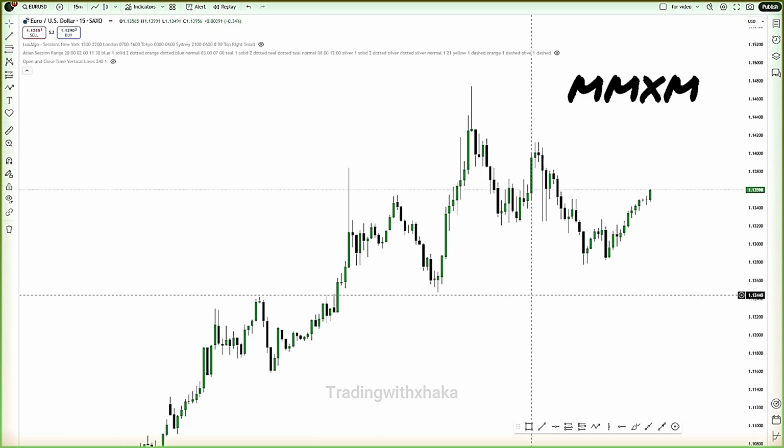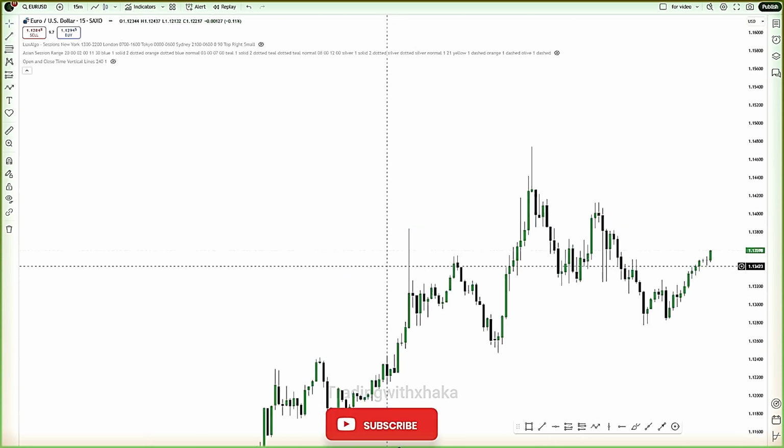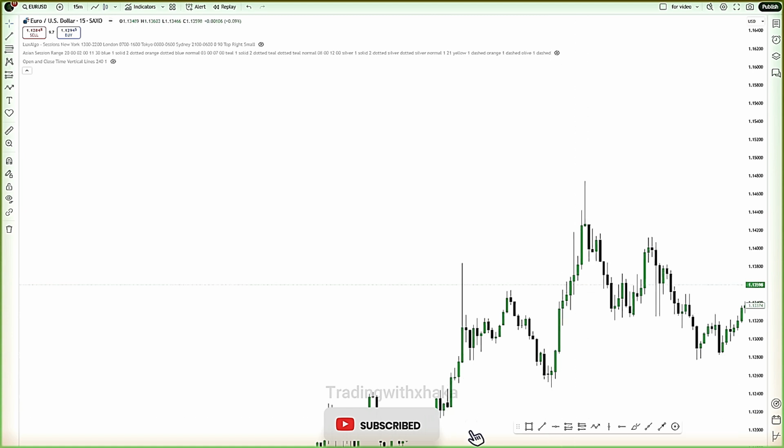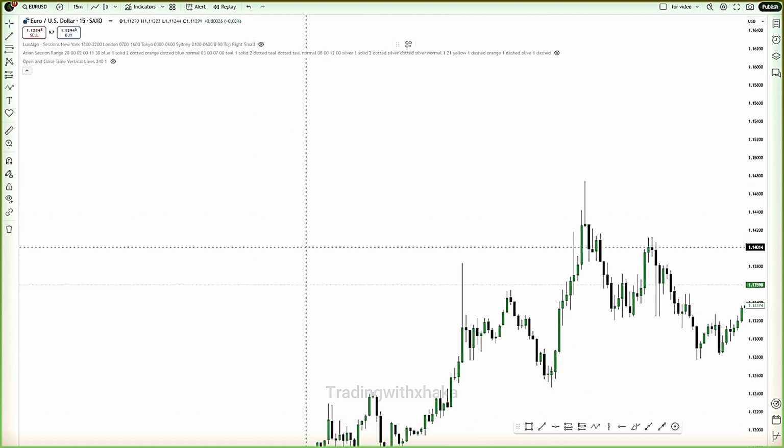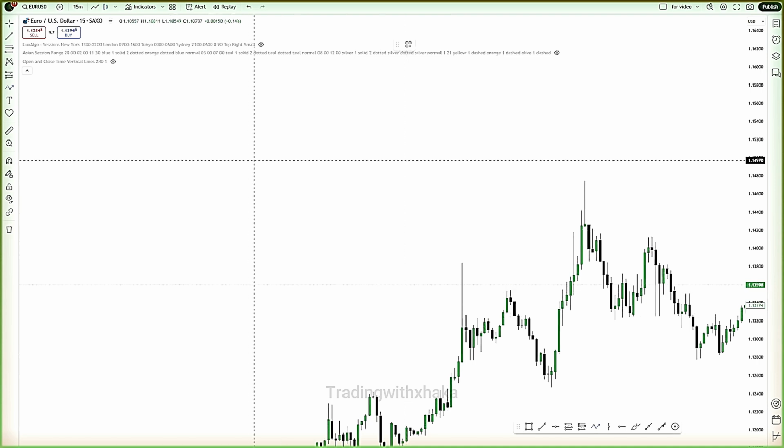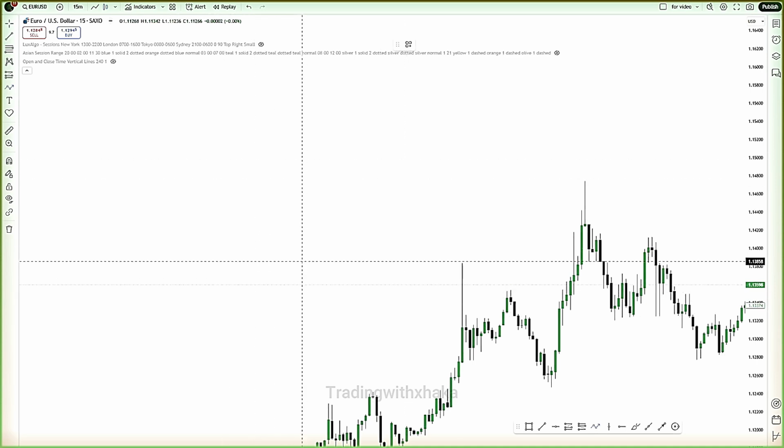Okay guys, let me highlight what the ICT Maker model is. Listen very carefully. If we are in an uptrend and the market breaks a structure, there will be a fair value gap or other block to mitigate.